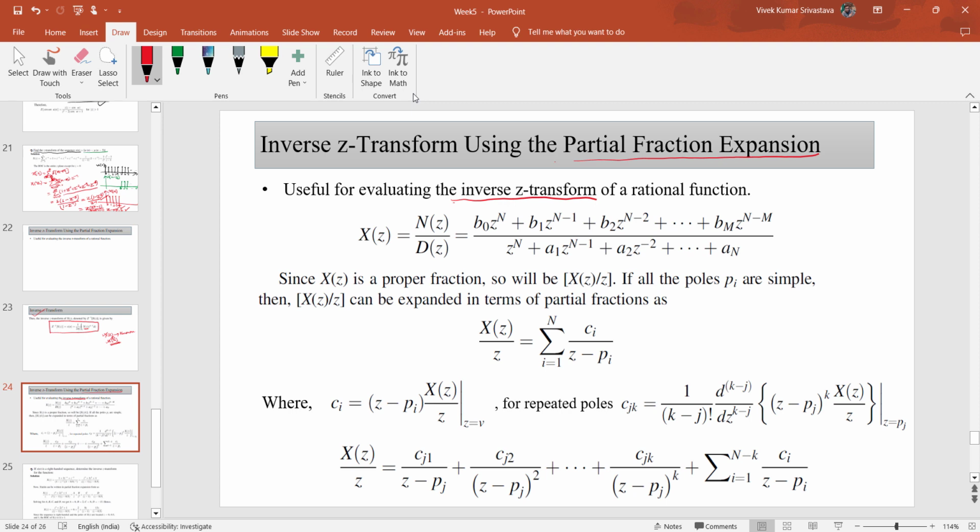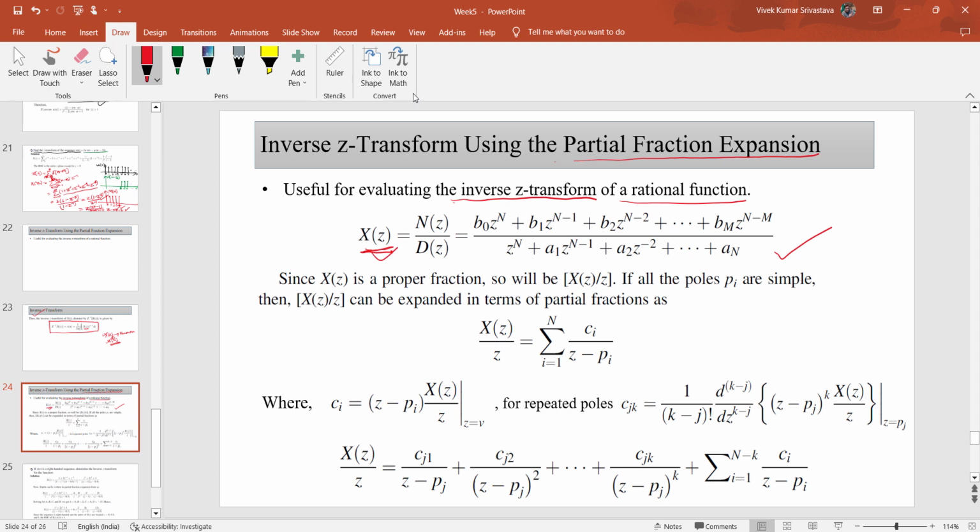Here we represent the z transform as a rational function, in terms of numerator as well as denominator of the complex parameter z. Here is the rational function of z, which is representing X of z.